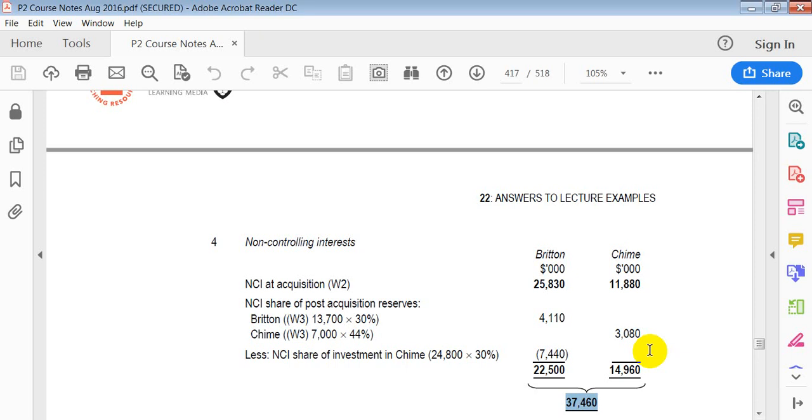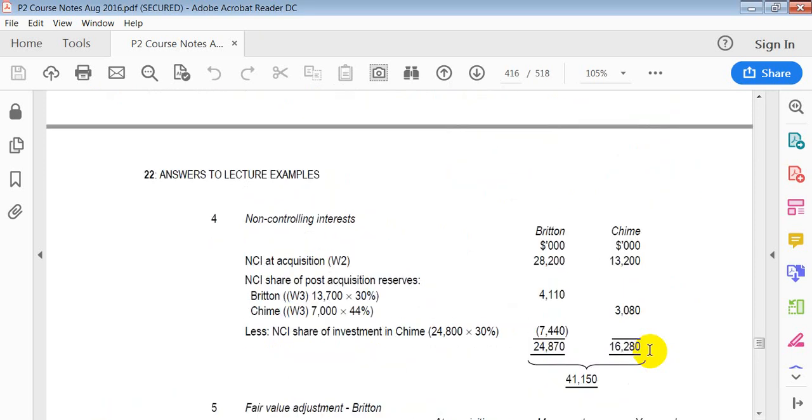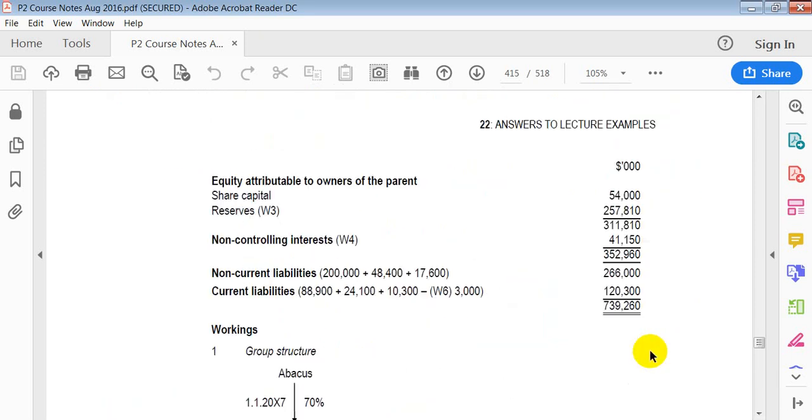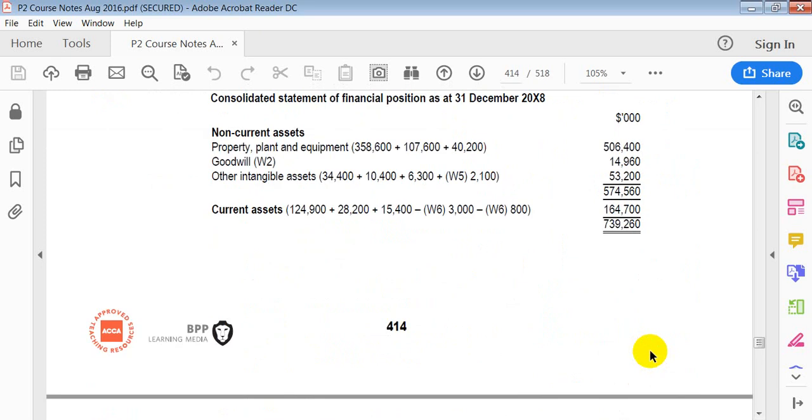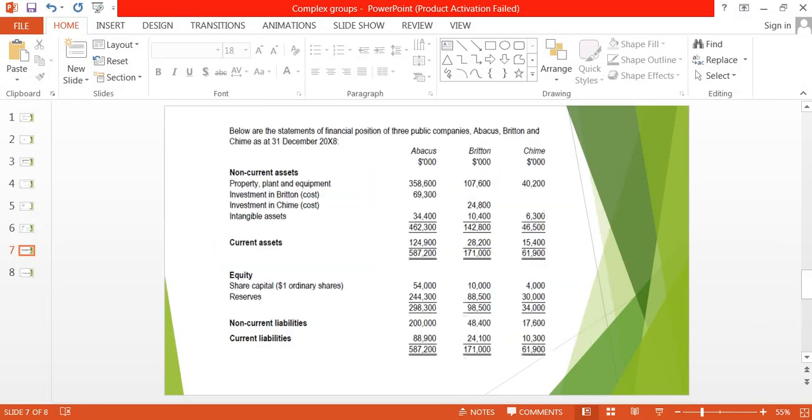We start with the balance sheet. The balance sheet, we consolidate line by line. We get 100% of the parents, 100% of the subsidiaries, PPE.